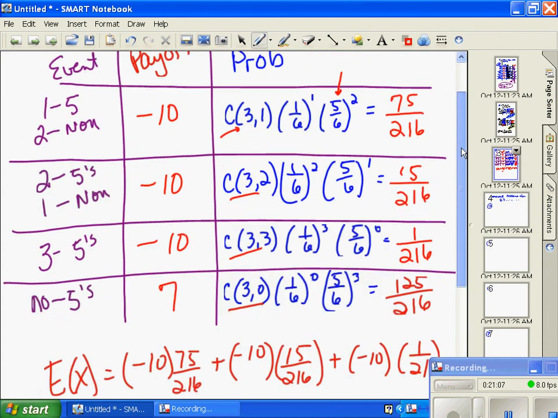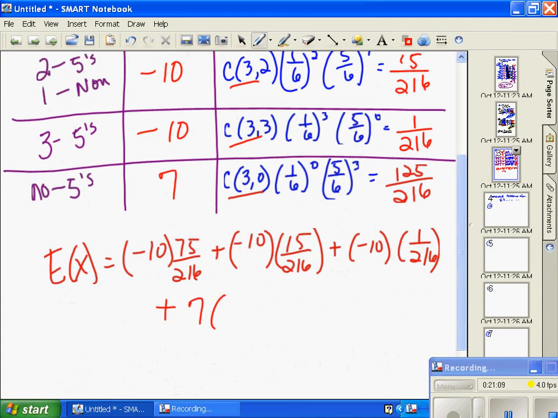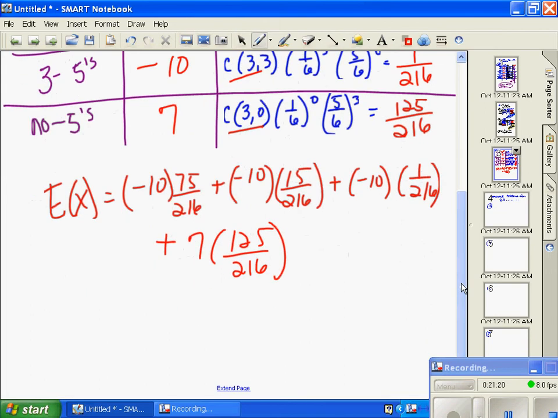Lost track. A 7 times 125 over 216. So when I multiply all that out and add them together, I'm going to get negative 35 over 216.